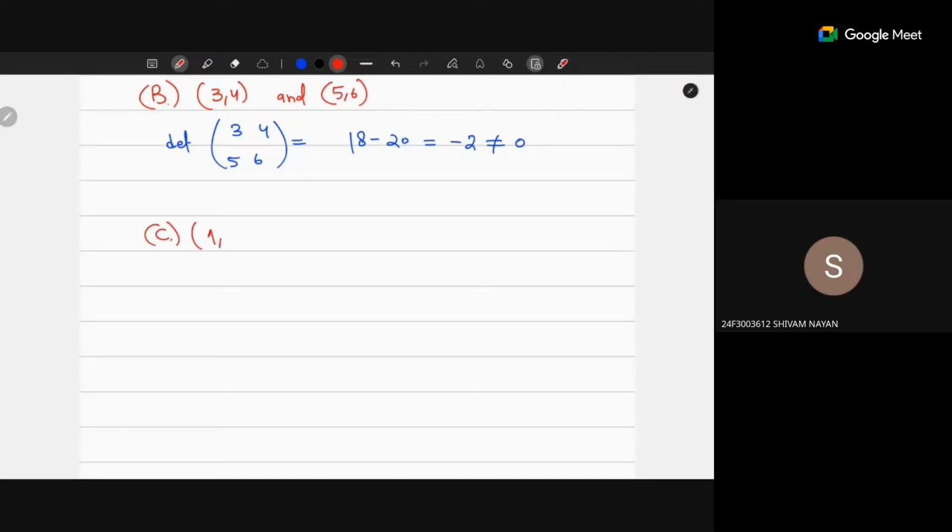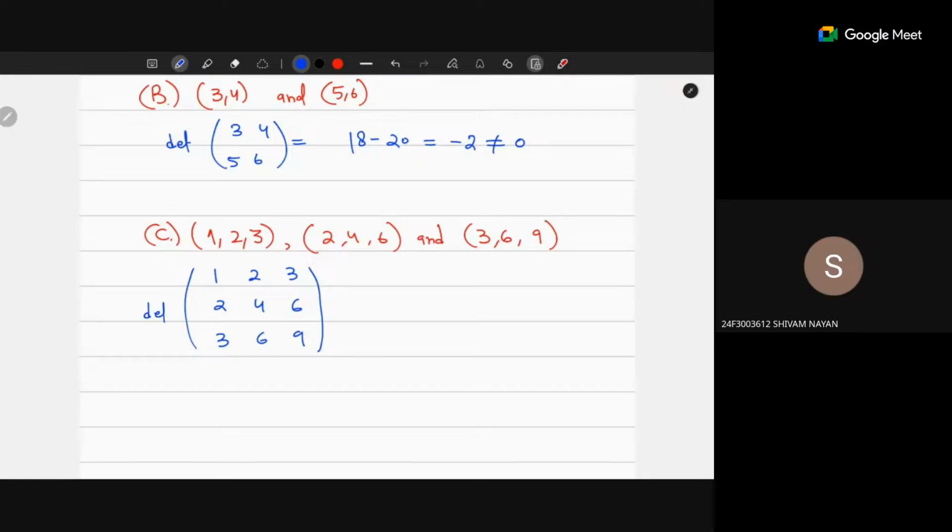Now, what about this? The second and third are linear combinations of the first, so their determinant should be zero, right?